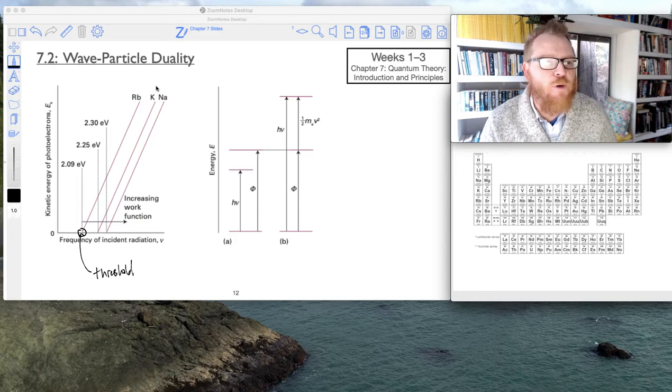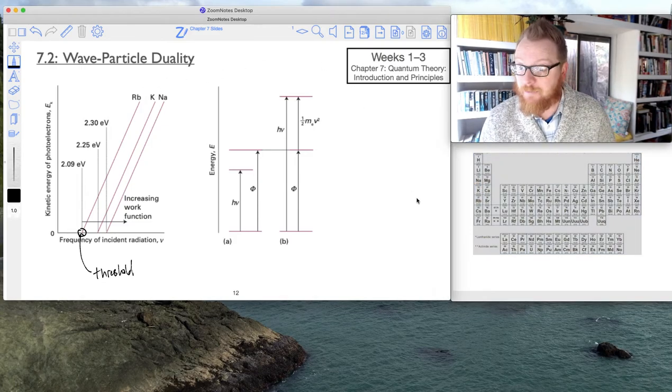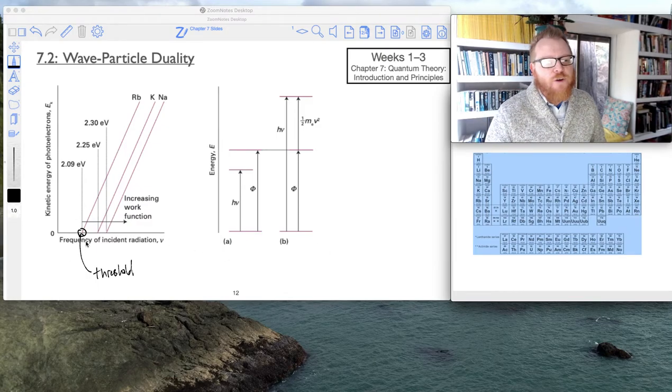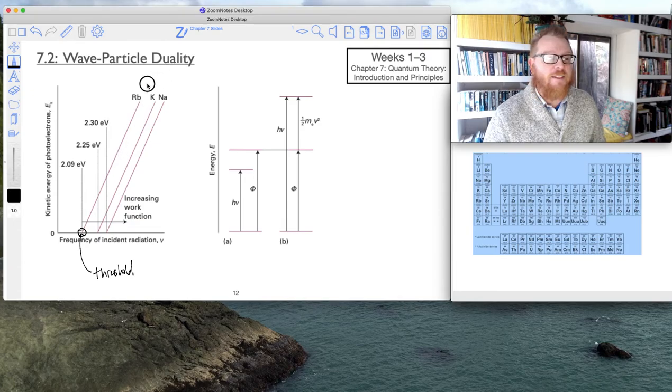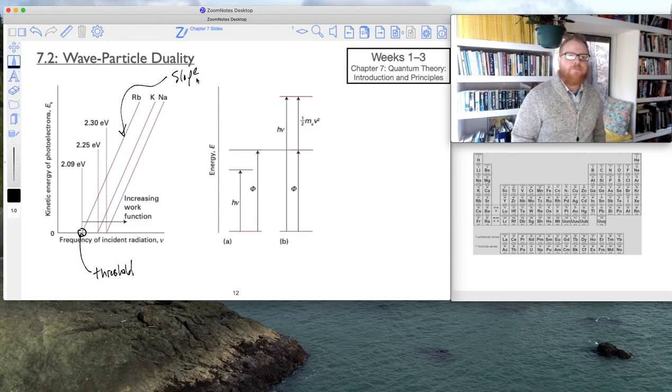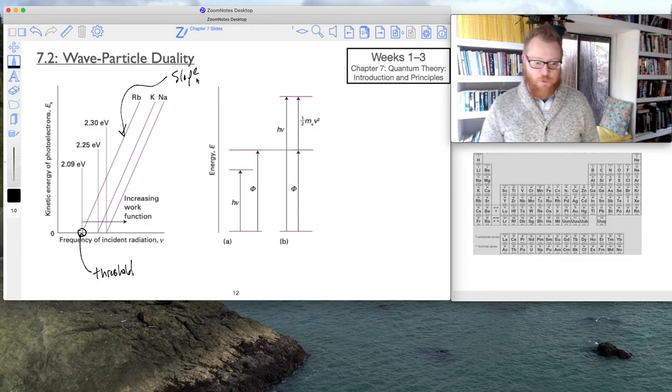And we're going to compare rubidium, potassium, and sodium. Okay, there they are. Okay? So now, as we increase the frequency of that incident radiation, we increase the kinetic energy of the electron linearly. And ladies and gentlemen, this is very cool because the slope of this line has a very special value.